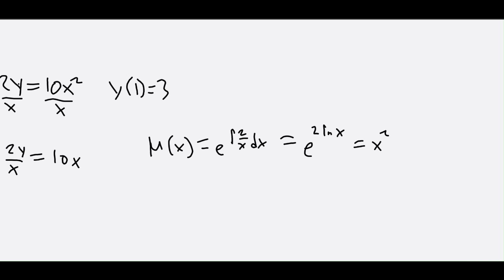Alright, and then we multiply both sides by the integrating factor. So we multiply both sides by x squared.